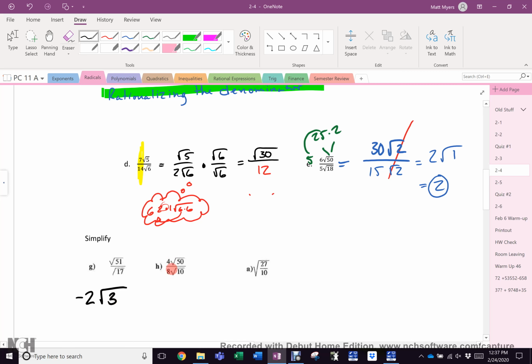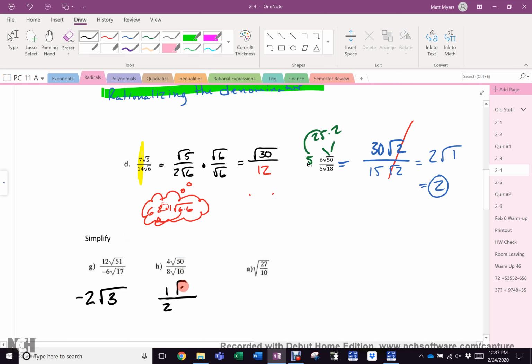Let's look at this one. What do I do with 4 and 8? Simplify to what, Jacqueline? Not 2. 1 over 2. 1 over 2. And what do I do with 50 and 10? Divide.